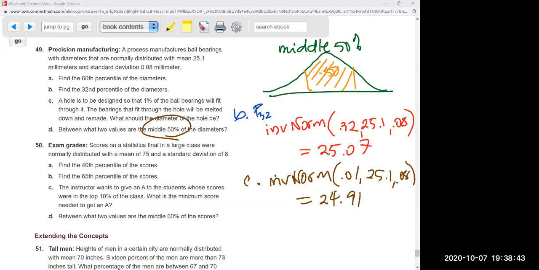So what are the two scores here? What are those two diameters? If you have the tail, all you have to do is inverse norm, 0.5, center, and you will get those. Oh no, maybe not. Sorry, this is the one that I'm glad I showed.